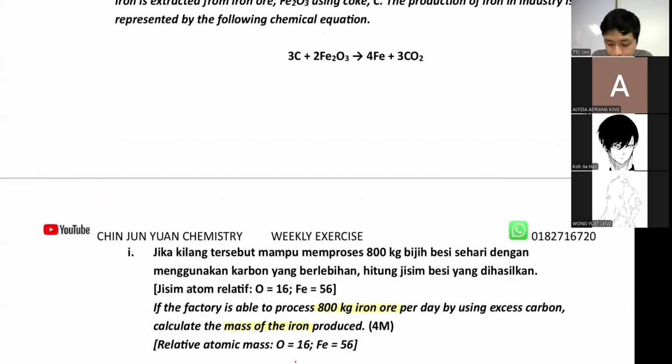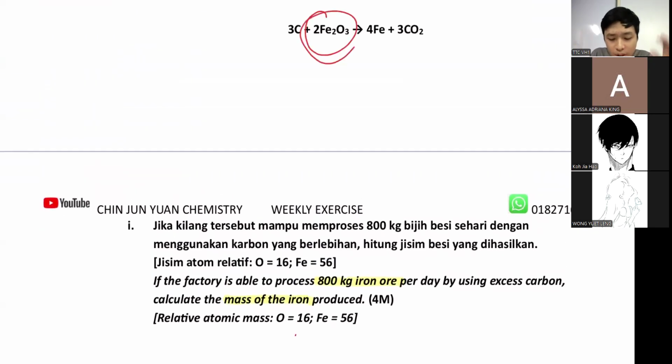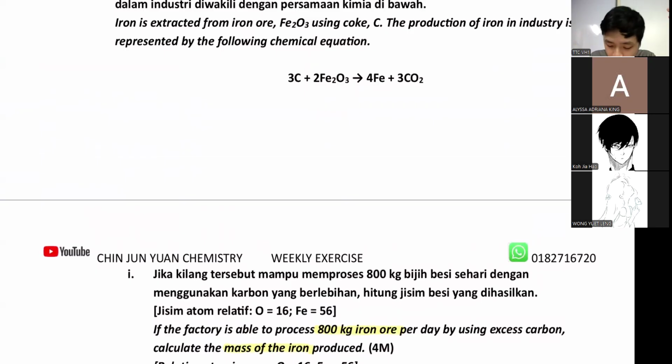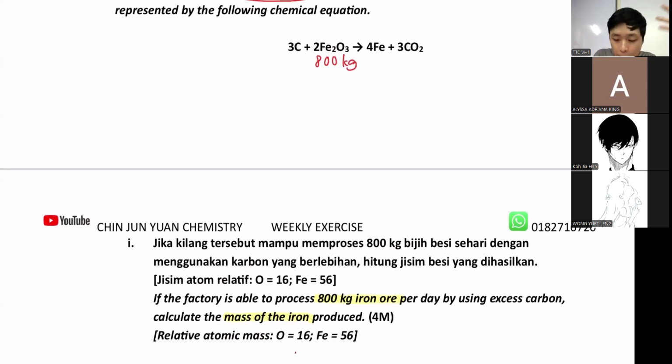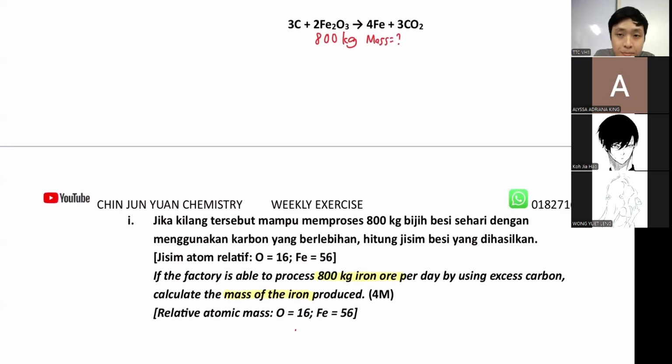Which one is iron ore? Iron ore is the Fe2O3. They tell you already. So 800 kg is the information right now. Mass of iron, this one. Fe, mass equals question mark.